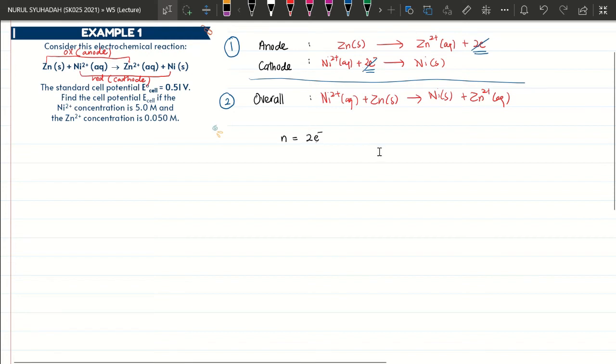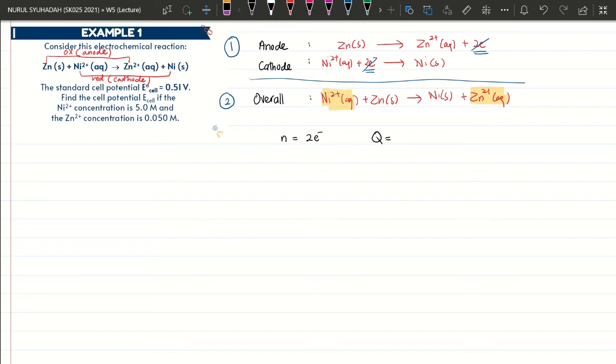So N is 2 electrons, and then your Q. Q is the concentration of product over reactant. So our product here, zinc 2 plus, we only take aqueous and gas, so we exclude zinc solid and nickel solid.